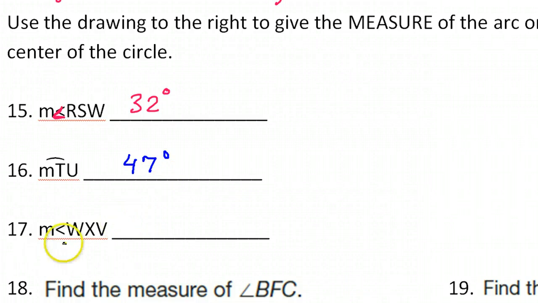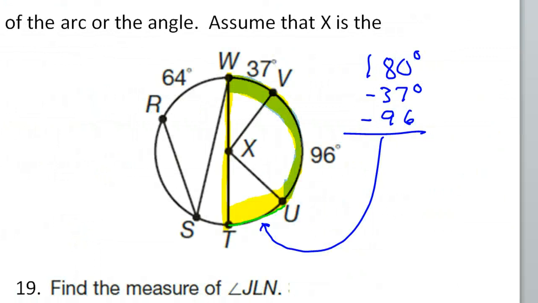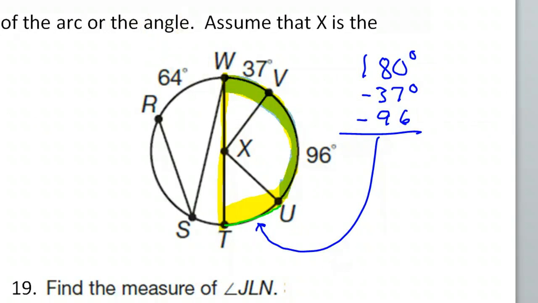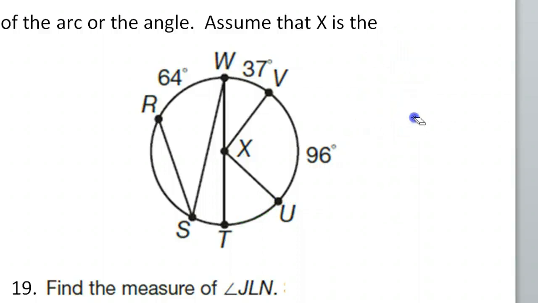Okay, awesome. What about the measure of angle WXV? Oh, this is a toughie. This one's gonna be rough, y'all. It's gonna be tough, y'all. Let's see, I like to do the angles in pink.